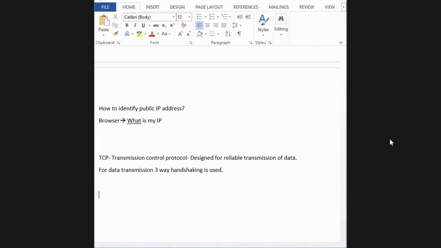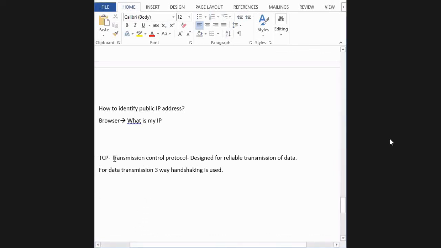Because in 3-way handshaking, you again send an acknowledgement that I am ready to send the data, and now you will be ready to receive that data. That's why we need to send this acknowledgement. If you just receive the acknowledgement and start sending the data, then maybe the server is not ready to receive the data. This thing happens, right? So that's why only the 3-way handshaking concept is used in TCP.